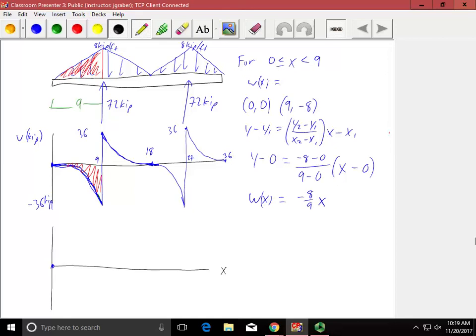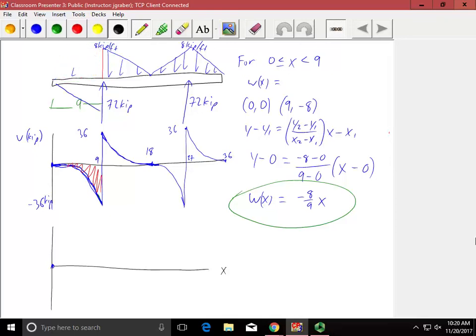Okay, this can be confusing. What does the plot of negative 8/9 x look like? Does it go up or down? It goes down. What does the plot of my loading function look like over here? It goes up, right? Confusing, right? Why is it like that? Because of the negative direction. I put the negative direction by putting in -8, right? As I said before, I could just as easily have taken that loading and drawn it like this.